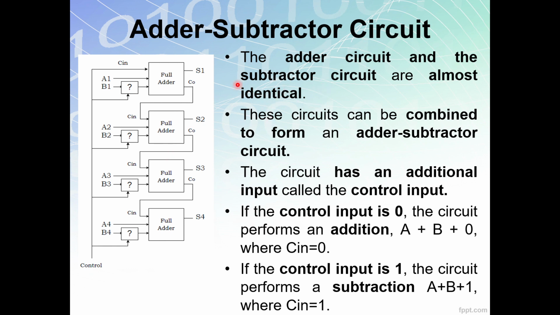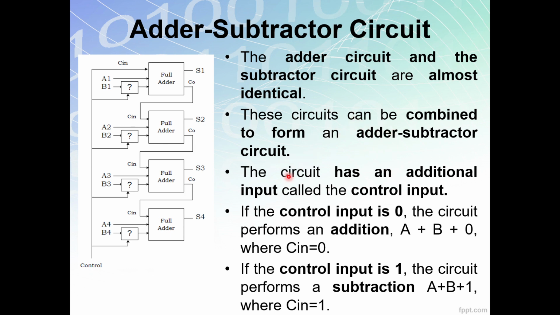Therefore, we can combine the adder and subtractor circuit into another circuit we call an adder-subtractor circuit, because since they are almost the same, using a full adder but different gates, we can combine these two circuits to become one circuit.